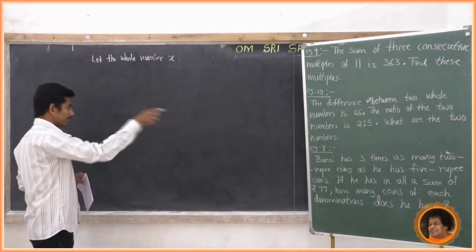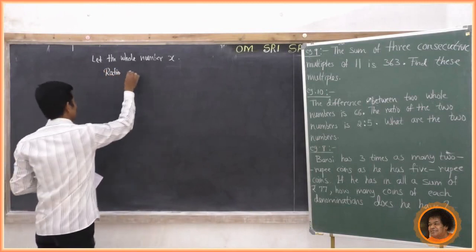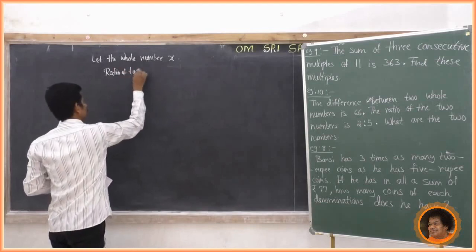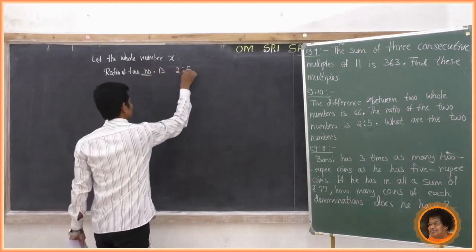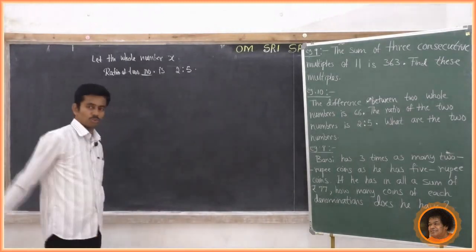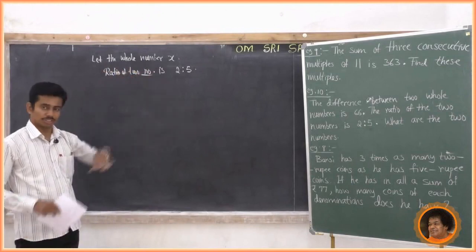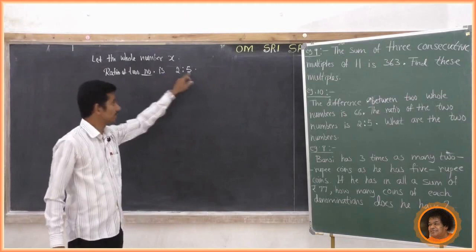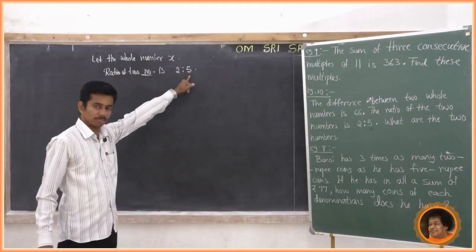After that, the ratio of the two numbers is 2:5. What is the meaning? The whole number is x, and the ratio of the two numbers is 2:5, so one number is 2x and the other number is 5x. If we take the whole number as y, one number is 2y and the other becomes 5y.